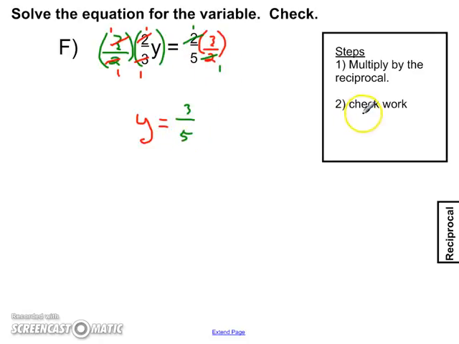Oh, one thing I didn't do is check my work. So let's go ahead and do it on this one, because I didn't do it in the previous one. 2/3 times our solution, y, which is 3/5. Is that equal to 2/5? Again, go back to the original expression.